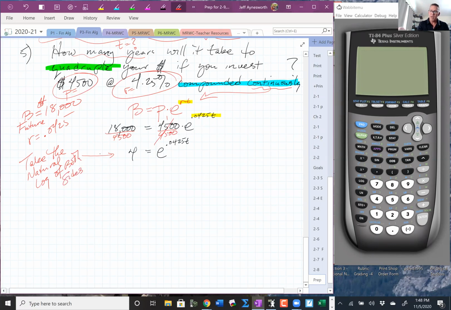So here we go. I'm going to take the natural log of 4, and that's going to be equal to the natural log of e to the 0.0425 t. So I just took the natural log of both sides, base e.